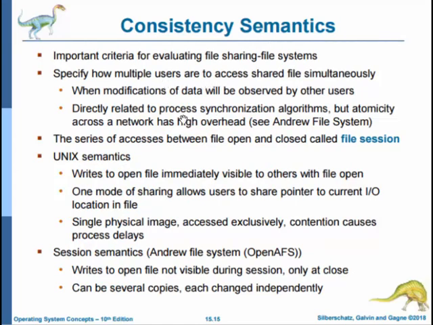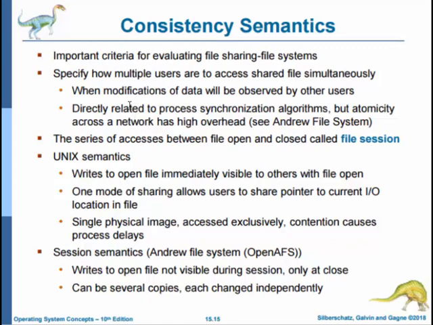Consistency semantics represent an important criterion for evaluating any file system that supports file sharing. These semantics specify how multiple users of a file system are to access a shared file simultaneously.